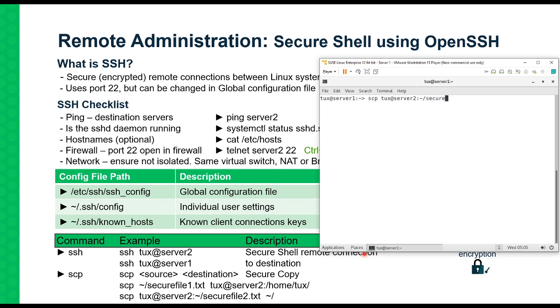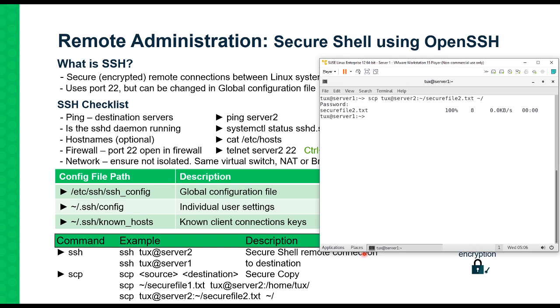Secure file 2.txt, and we want to bring that to our own home directory like that. Let's say enter, press the password, which is Linux, and it shows us that it has copied that file to our local directory called secure file 2.